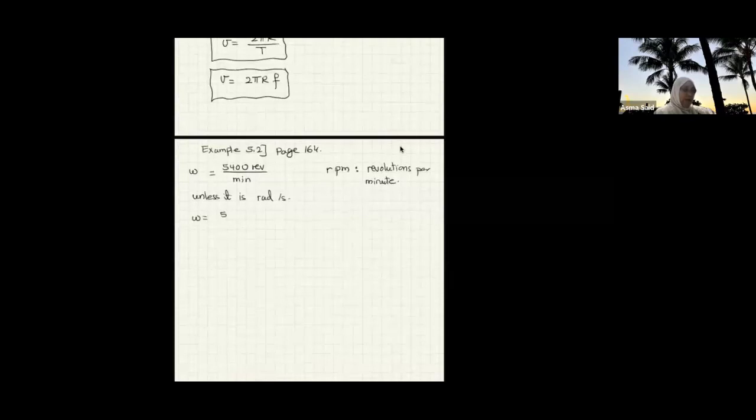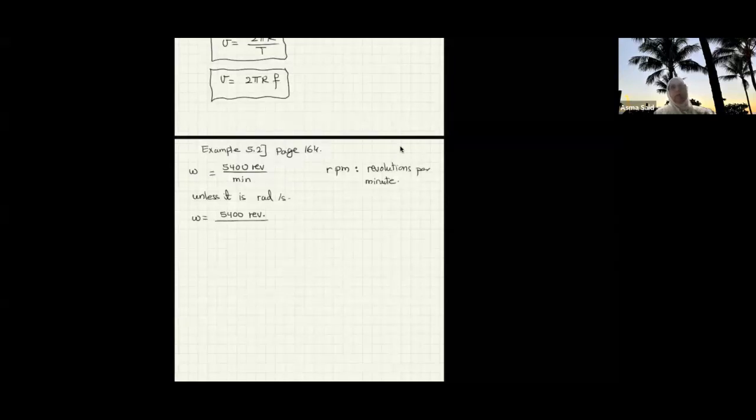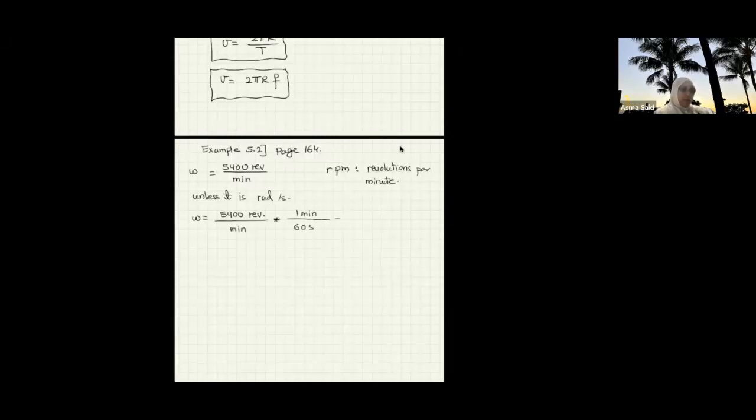I'm going to say 5400 revolutions, or cycles or oscillations or whatever you want to say, divided by minute. And 1 minute is 60 seconds, so I need to convert into seconds.